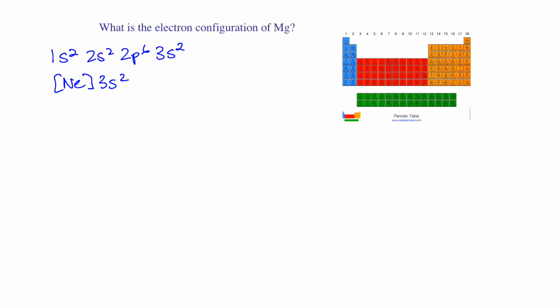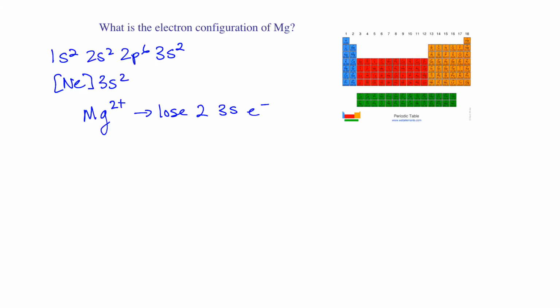Hopefully you're thinking it's real easy for magnesium to get to a noble gas core if we just get rid of these two outer s electrons. And that's exactly what magnesium likes to do. So magnesium is going to want to make ions that have 2+ charges. Here it's going to lose those two 3s electrons, and that's going to get it to a noble gas core.